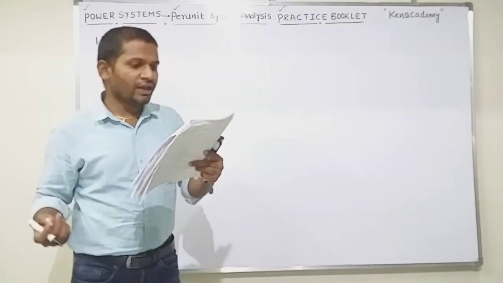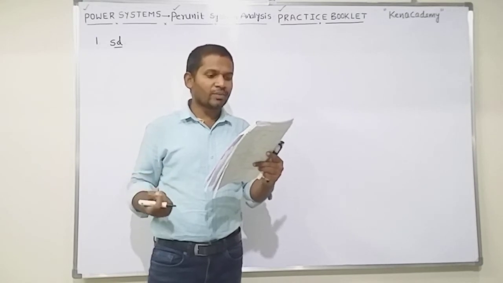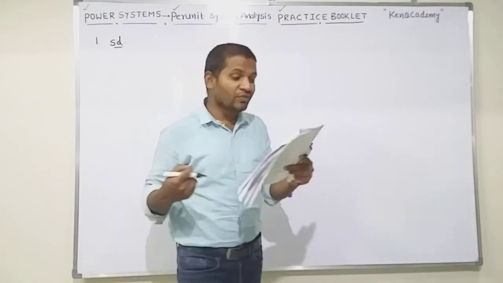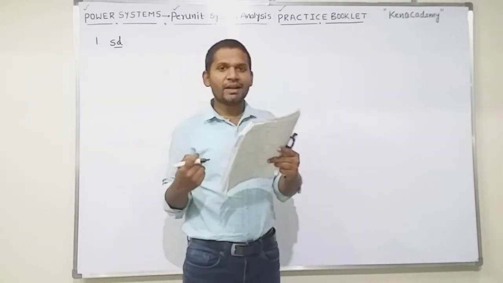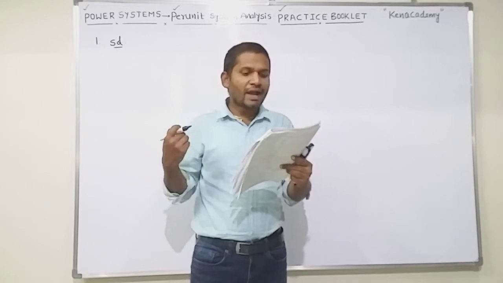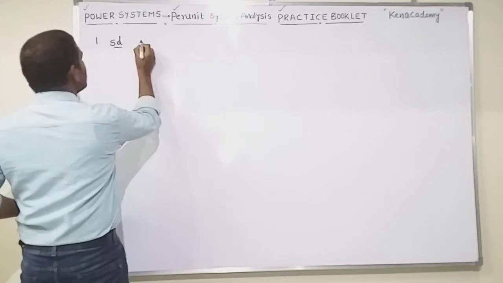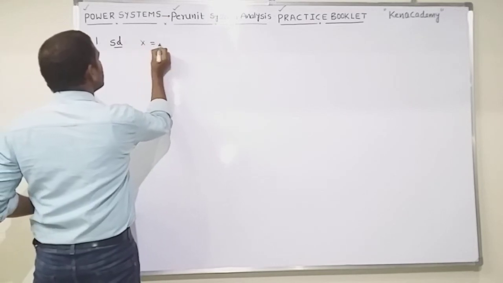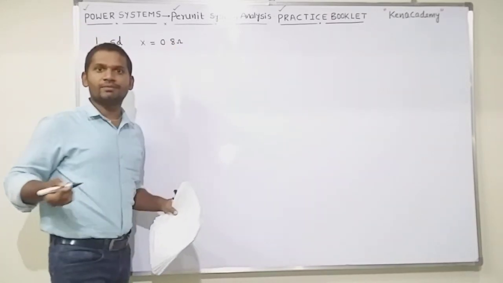A 5 MVA 3.3 kV single phase synchronous generator, not a transformer, single phase synchronous generator, has X equal to 0.8 ohms. The per unit reactance of the generator is dash. What is given? The reactance of the generator X equal to 0.8 ohms is given.